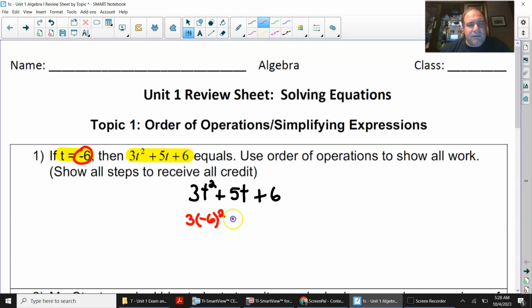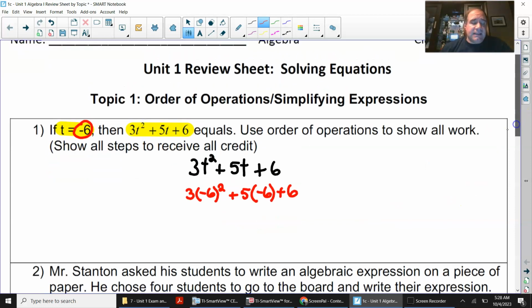You have 3 times t squared plus 5 times t, which is -6, plus 6. Using order of operations and not the calculator, you would go -6 times -6.